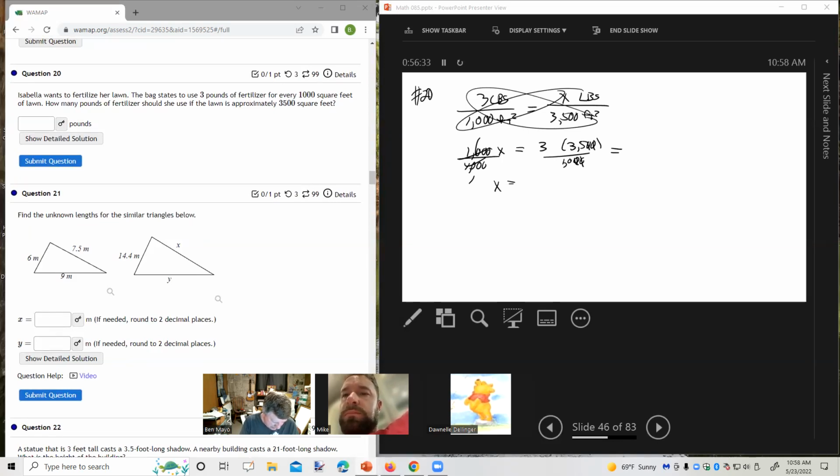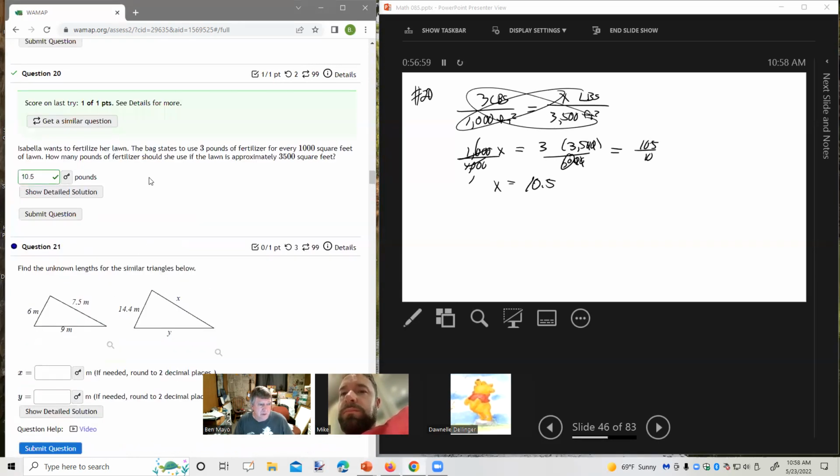So 35 times 3 is 105 divided by 10, which would move the decimal point over 1 place, 10.5 pounds. We'll go with 10.5 pounds.